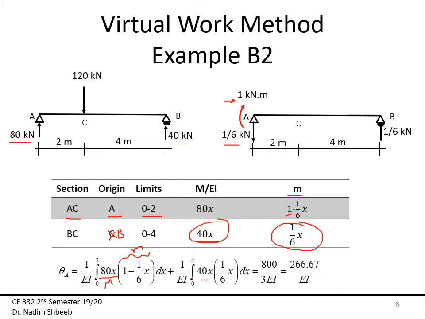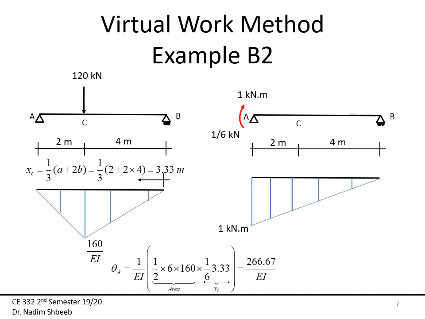So this is your theta A. Since the value is positive, theta A is going to be clockwise, which we always knew, right? So this was my deflected shape, this is the tangent, and this is my theta A, and it is clockwise.